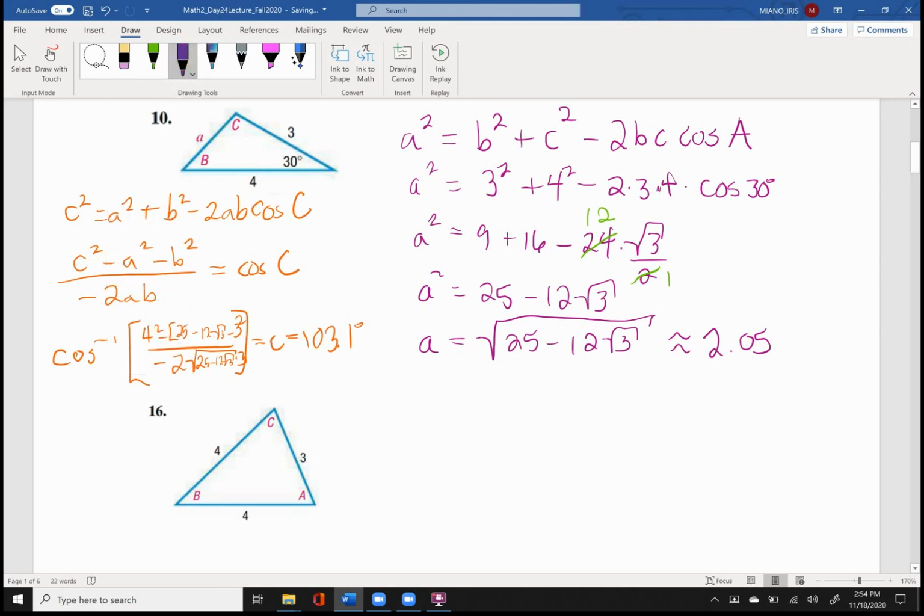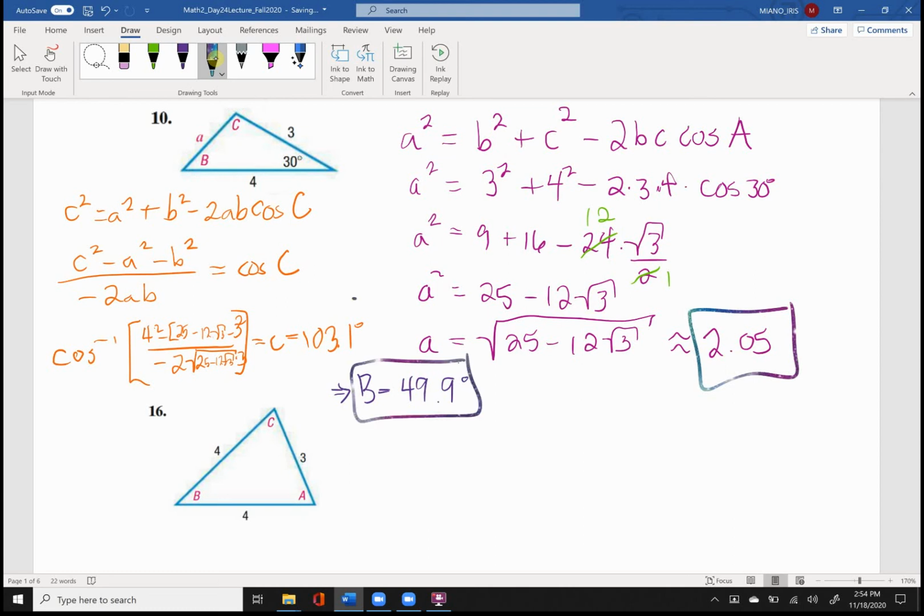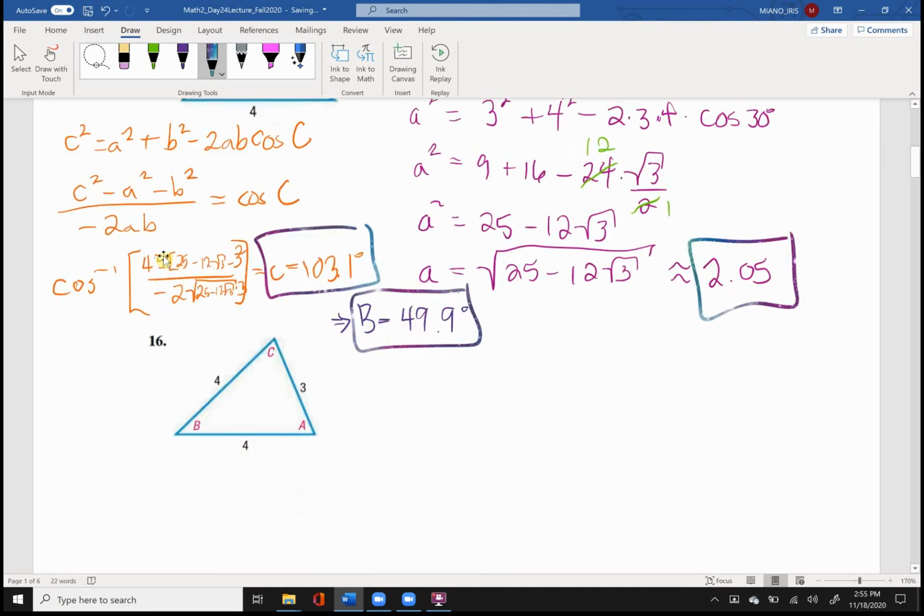Let's do this color. Then you'll get B, therefore, equals 46.9 degrees. So here is your lowercase a, capital B, capital C value. Cool, cool, cool. All right, moving on to the next.